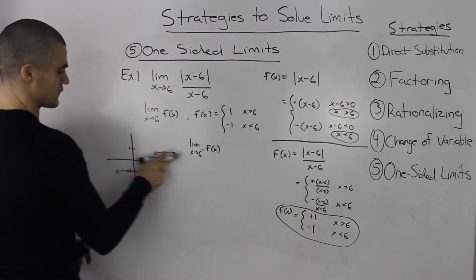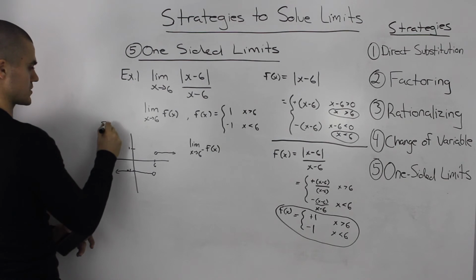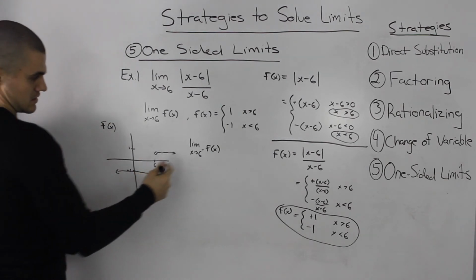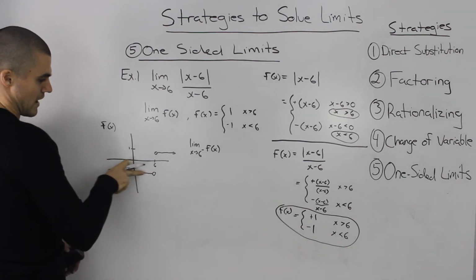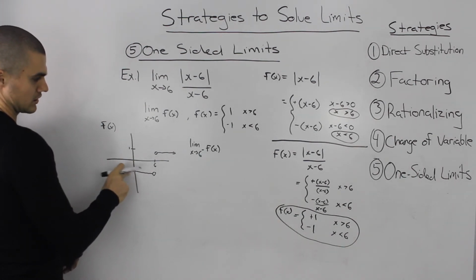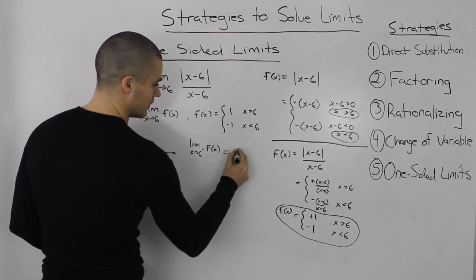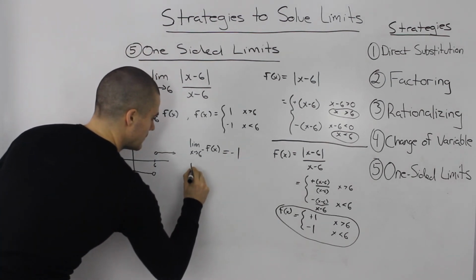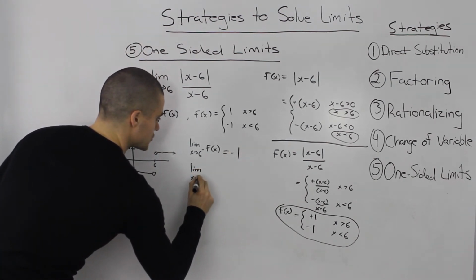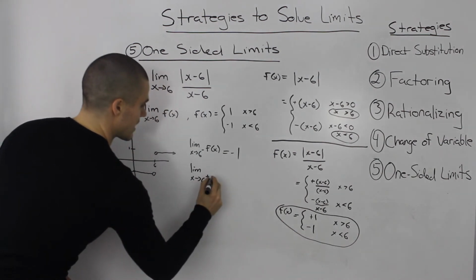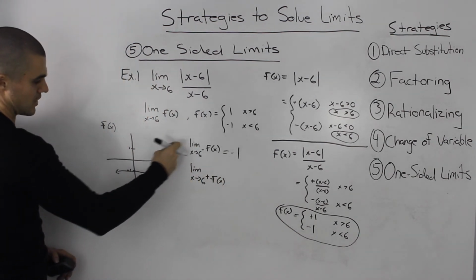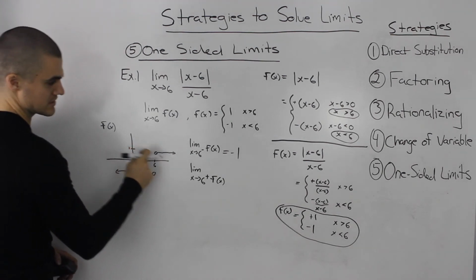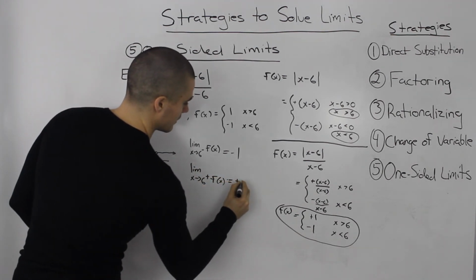F of x is this function here, this is also f of x. As x is approaching 6 from the negative side, the y value is approaching negative 1. And the limit as x approaches 6 from the positive side of f of x: if we're approaching 6 from the positive side, the y value is equal to positive 1.